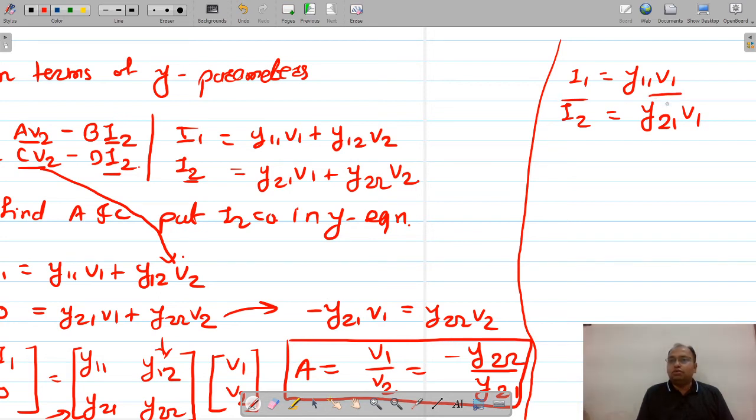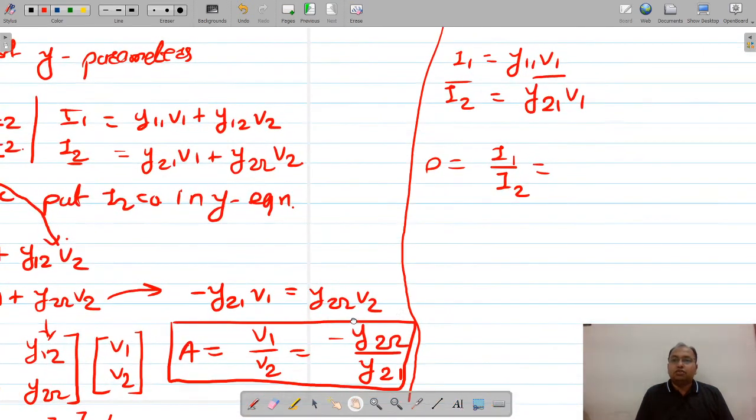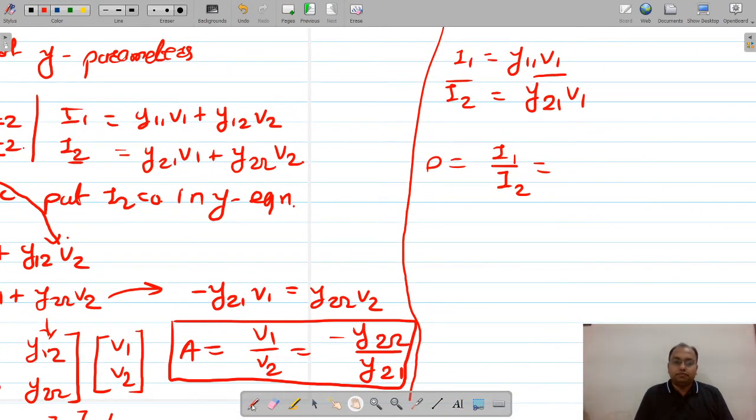Let us take the ratio. So taking the ratio on both sides, d is equals to I1 by I2, but I need to have a minus sign. So ultimately we need to multiply by minus on both sides. Therefore y11 divided by y21. Multiplying by minus on both sides, I will get the d term.